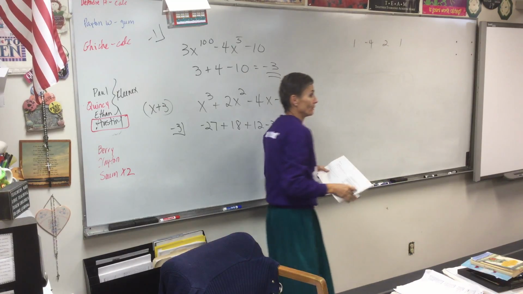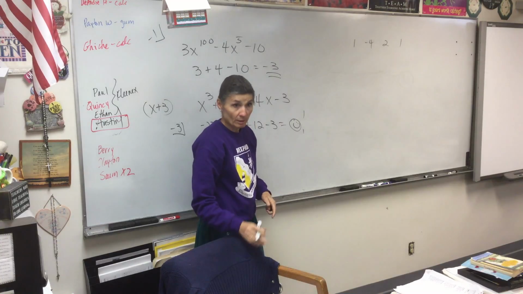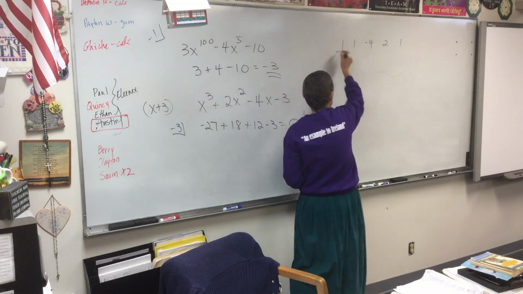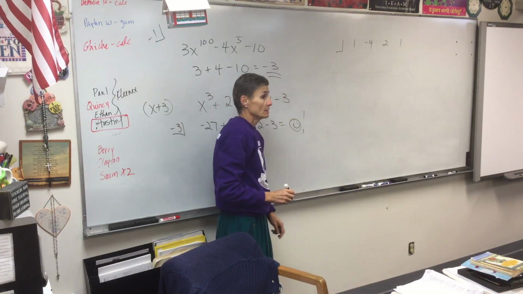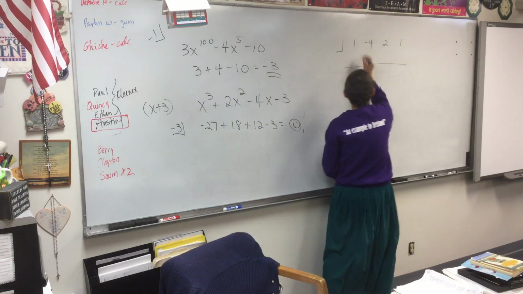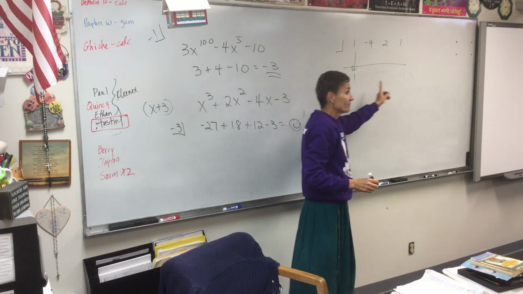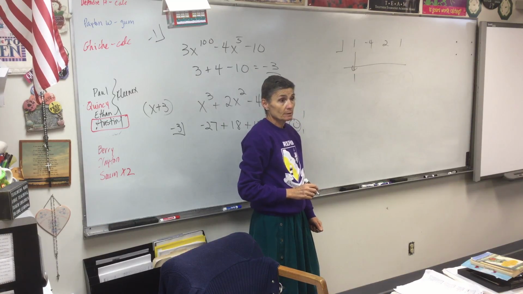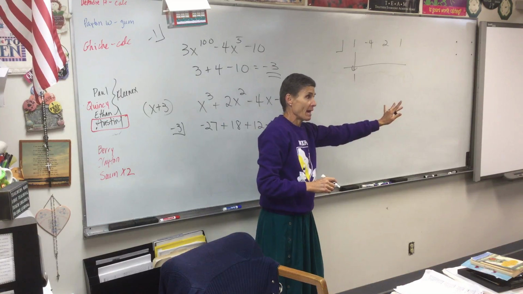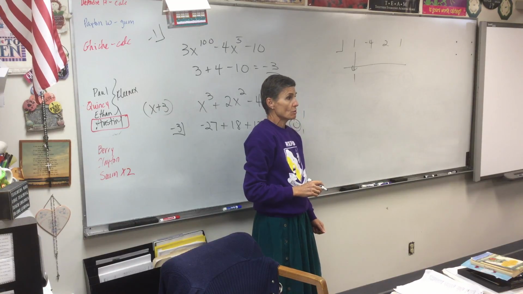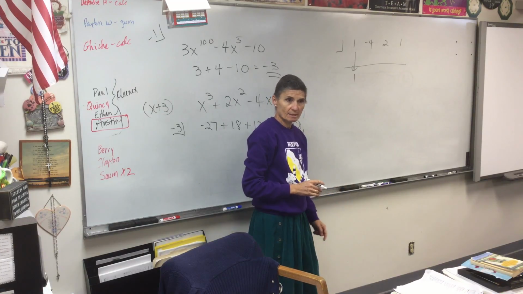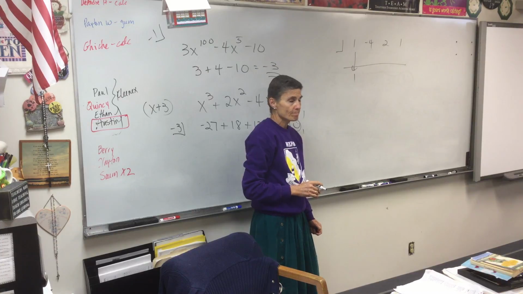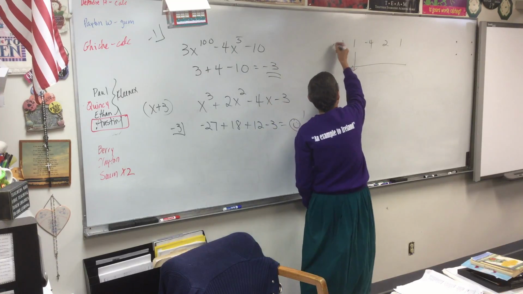You're looking to find a number that you can put in here, and when you do the division, all of those turn out positive. Now, it's an upper bound, so probably we're looking at a positive number. So let's just pick one. I'll just pick 5.